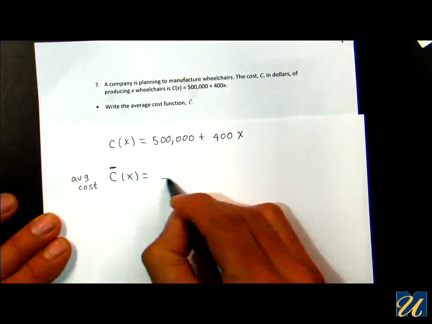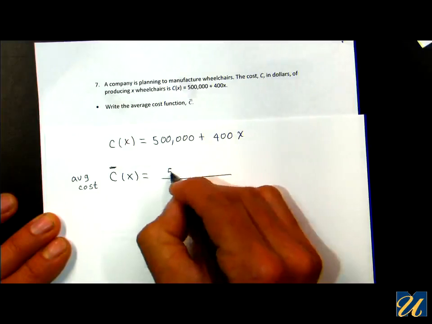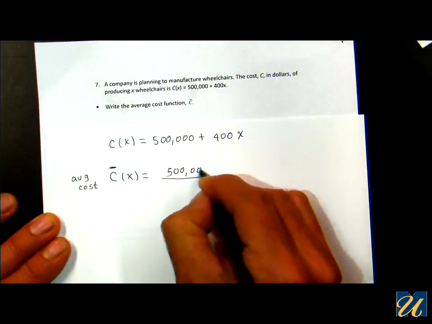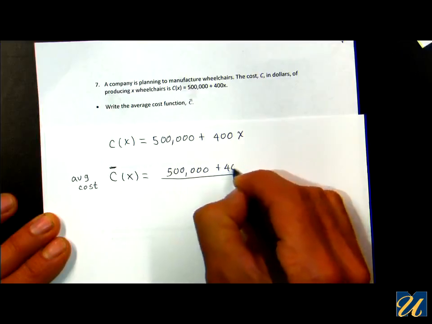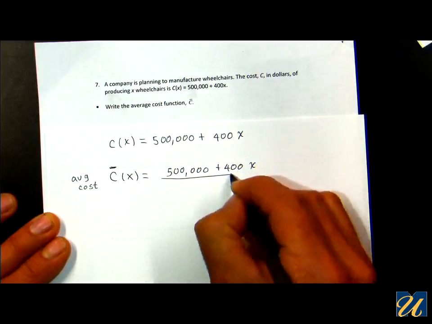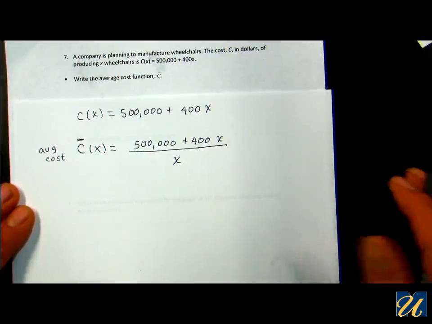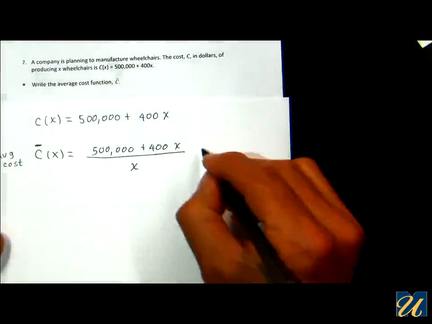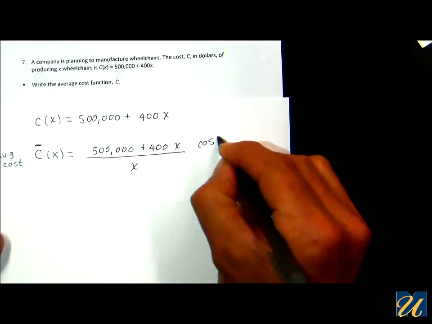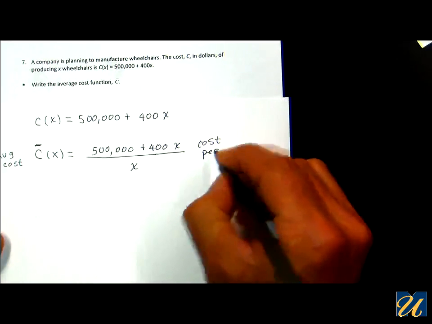And that's given to be the function divided by x. Well, why would you just take the function and divide it by x? Because the average cost is the cost per wheelchair.